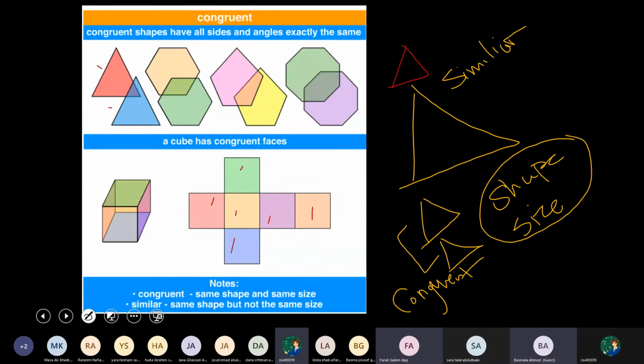If I have all the shapes that are congruent, are they similar? Who will say yes? Me. Sarah. Farah. Yes, miss.